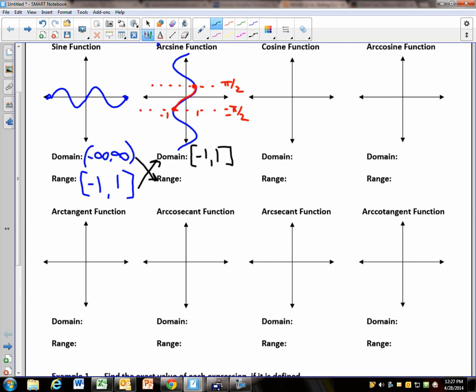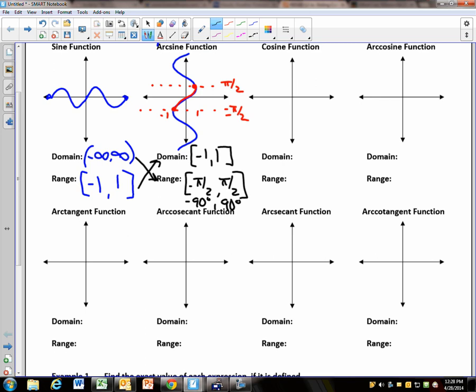So the range is just going to be from negative pi over 2 to positive pi over 2. And if you think about that in terms of degrees, it can be from negative 90 degrees to positive 90 degrees. I'm going to get to why all this really matters for you and how you're going to use it. But that's the reasoning that we went through first semester.